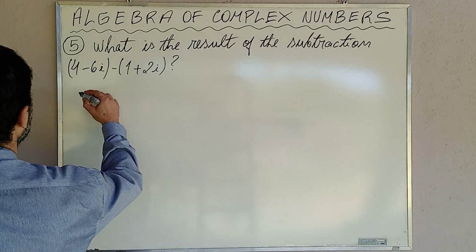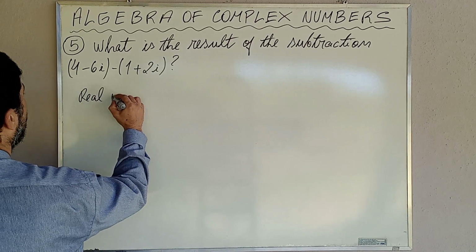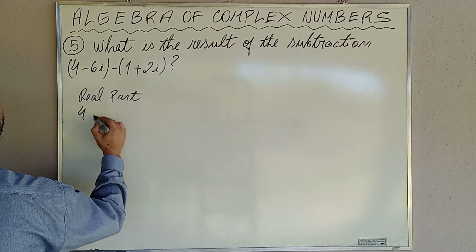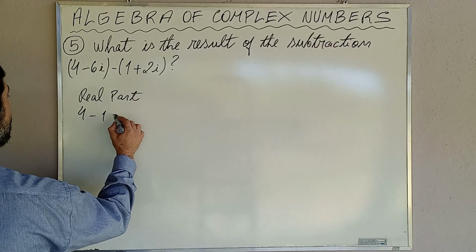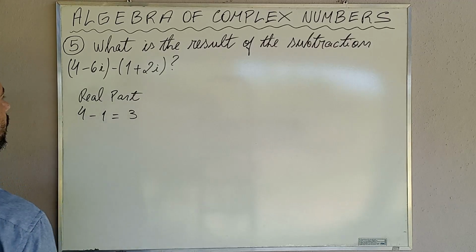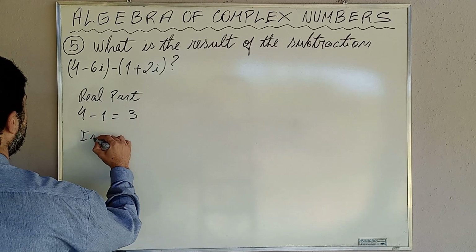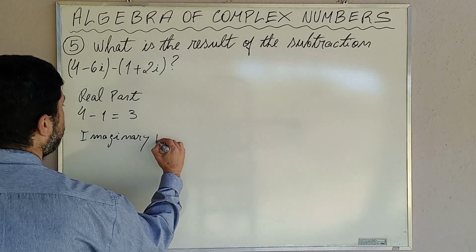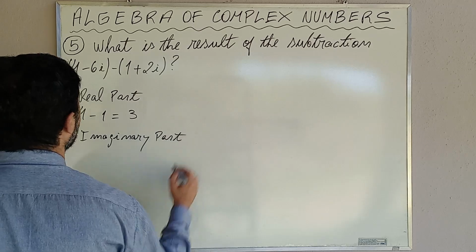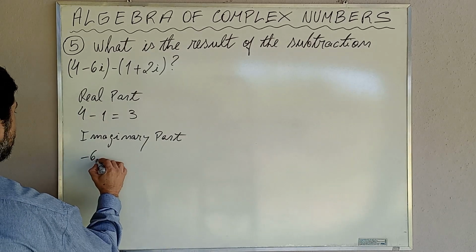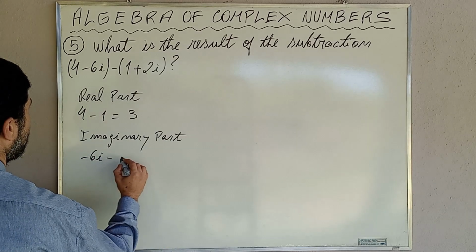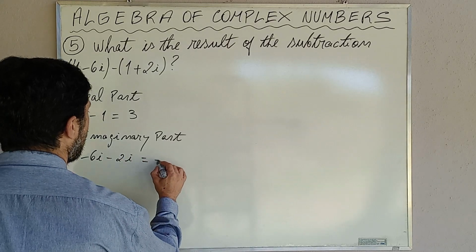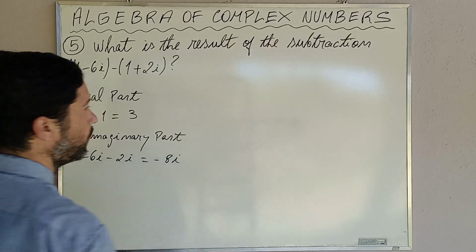Therefore, the real part will be 4 minus 1 equal to 3, and the imaginary part, negative 6i minus 2i is equal to negative 8i.